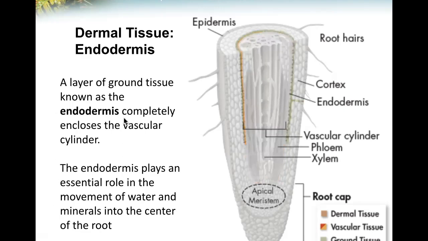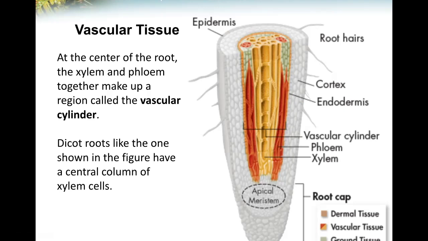A layer of ground tissue, known as the endodermis, completely encloses the vascular cylinder. The endodermis plays an essential role in the movement of water and minerals into the center of the root. At the center of the root, the xylem and phloem together make up a region called the vascular cylinder.